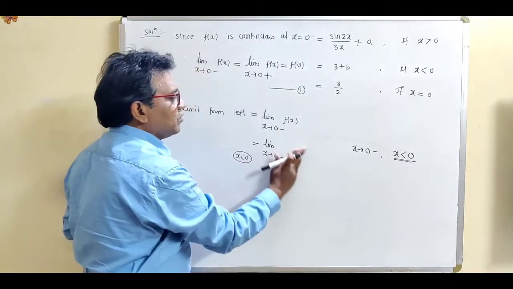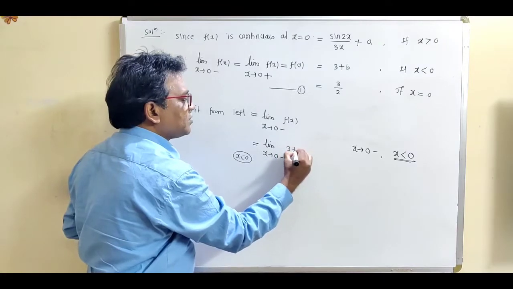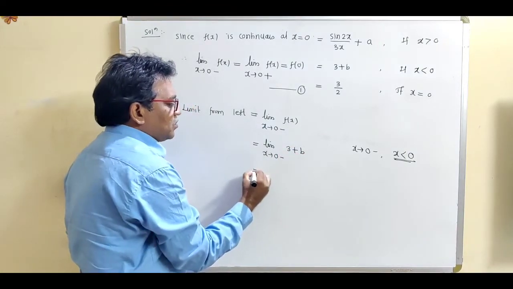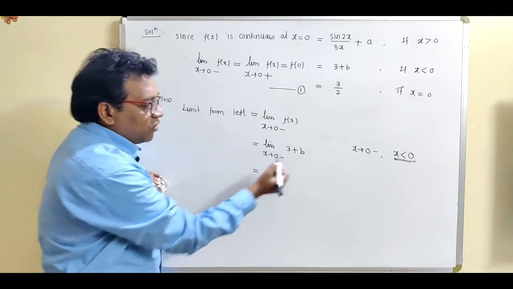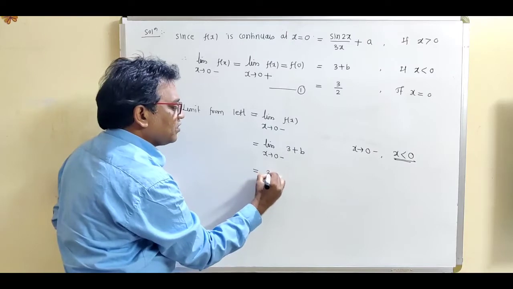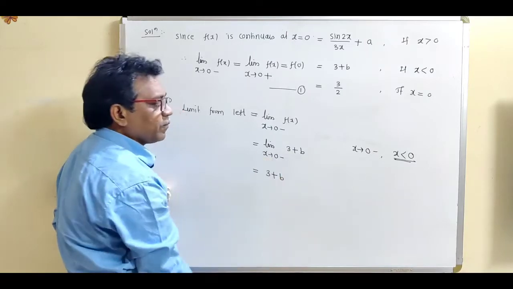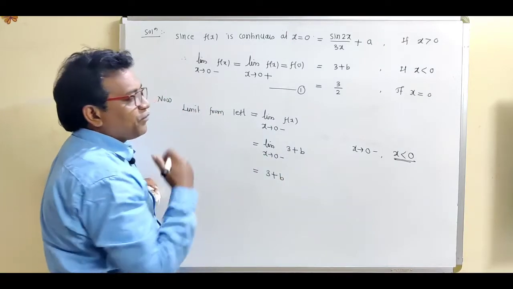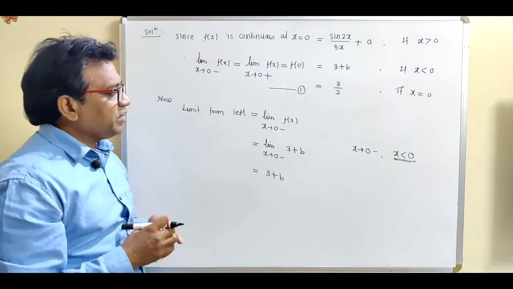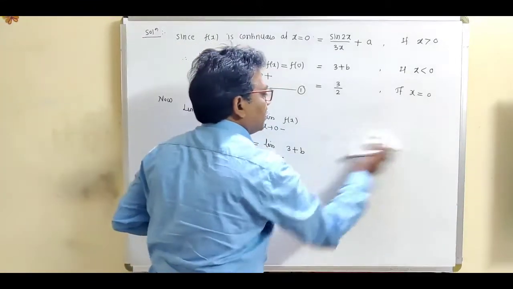This is our function, which is 3 plus b. So solve this limit. This is a constant function, so the limit of a constant term is the same. So this is the same as 3 plus b. So this is our limit from left. Now find out the next term, which is the limit from right. Write down.